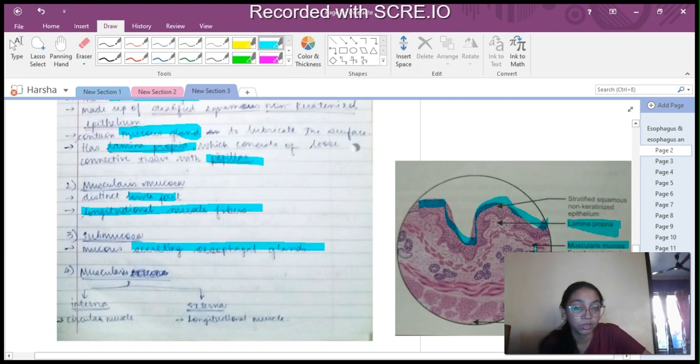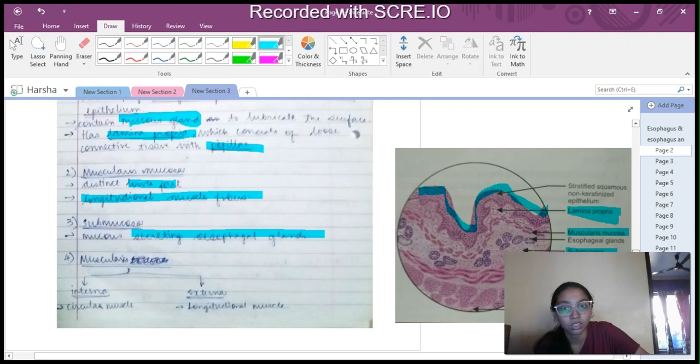Then, muscularis. The muscularis layer has two parts: muscularis interna and muscularis externa. The muscularis interna contains circular muscles, while muscularis externa contains longitudinal muscles.